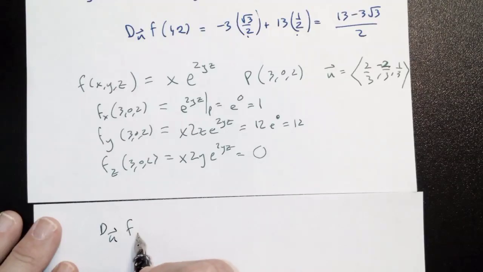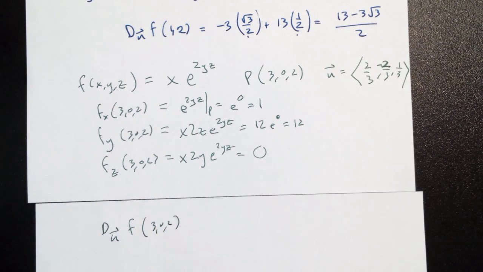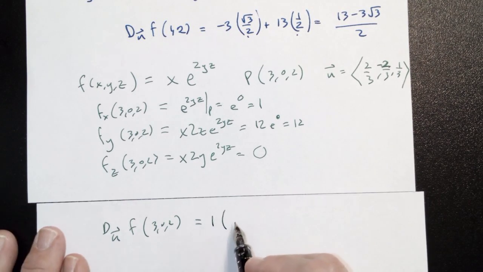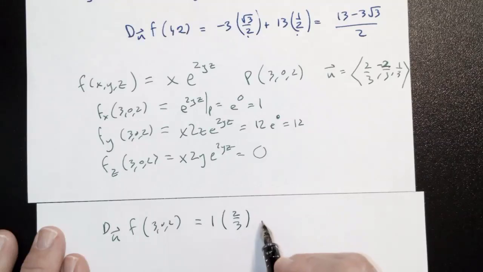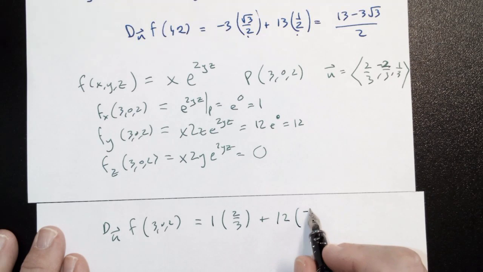The directional derivative in direction u of f at the point (3, 0, 2) is... 12 times negative 12 through.